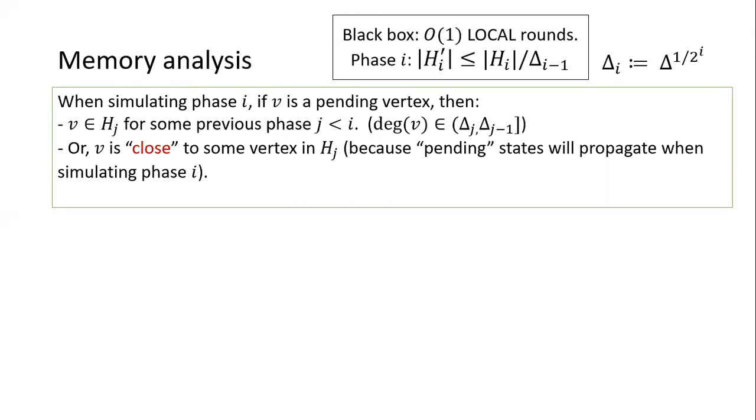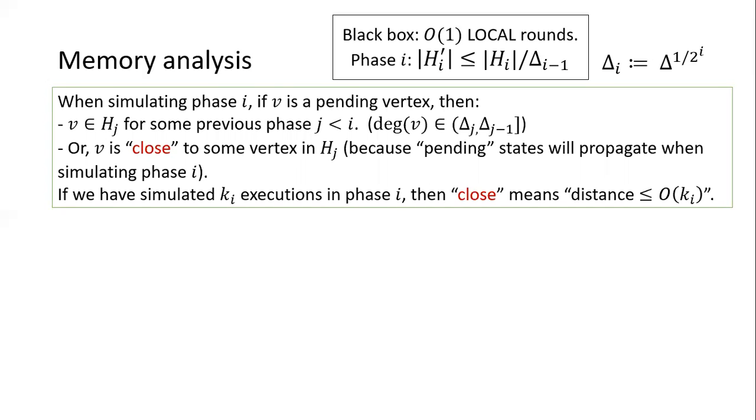The second possibility is that v is close to some other vertex that is active in a previous phase, and the pending state propagates to v after we simulated some local computation. Let's say we simulated k_i executions of the local black box in phase i. Then this means v is at most order k_i distance away from an active vertex in previous phase j.